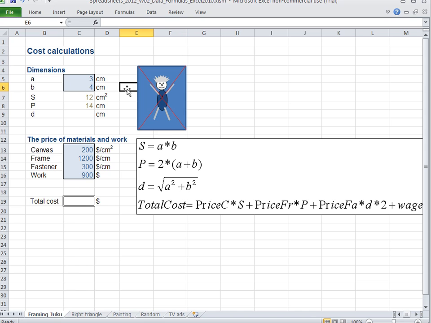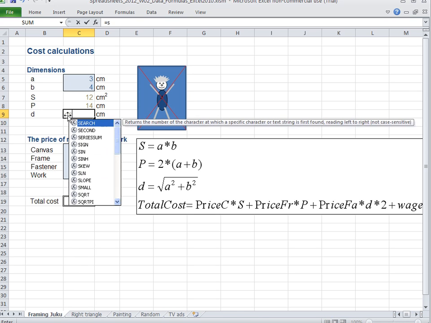And now when we take the square root of 25, we will get the length of the diagonal behind the painting. So this is our first function for today. We write equals, and square root is written SQRT.